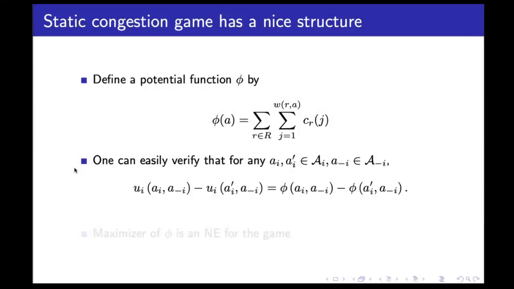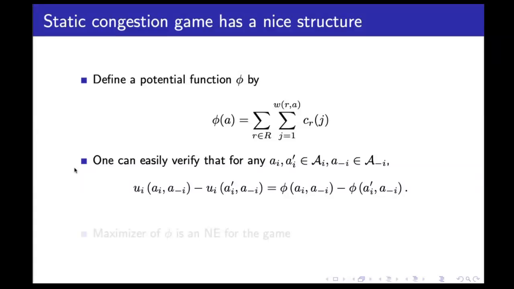With such a construction of the function phi, which I call the potential function, you can verify very directly, through very basic computation, that it has this structure: if you use that phi, change a_i to a_i prime and take the difference, this difference equals the difference in the utility function for that player.